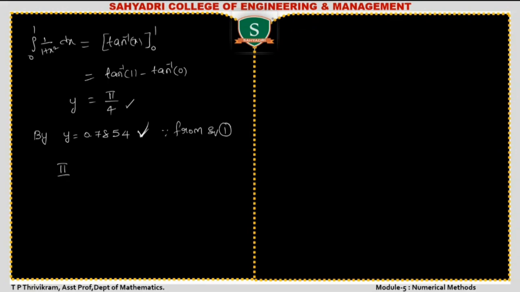So pi by 4 must be equal to 0.7854. This implies the pi value is how much? 4 into 0.7854. So what will be the pi value then? 4 into 0.7854, 3.1416. Clear? So in this way we'll get the pi value.